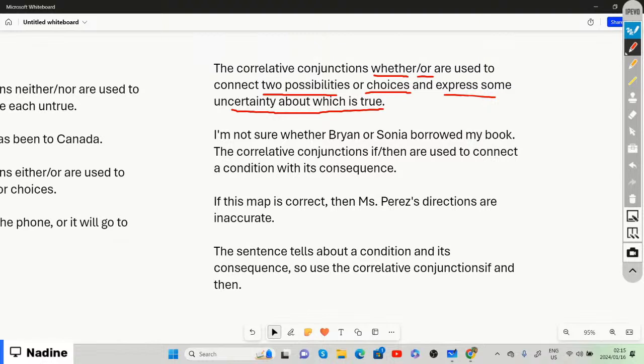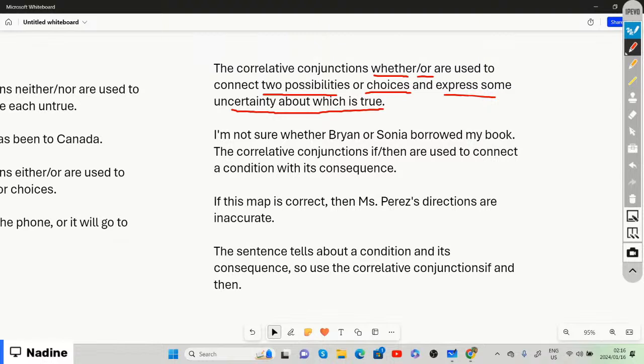So whether or connects two possibilities or choices and expresses some uncertainty about which one is true.